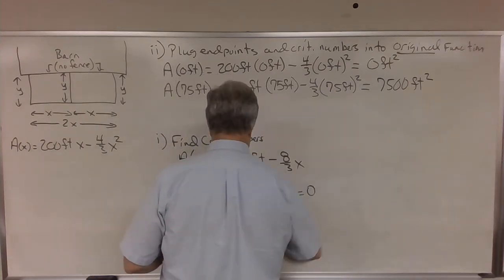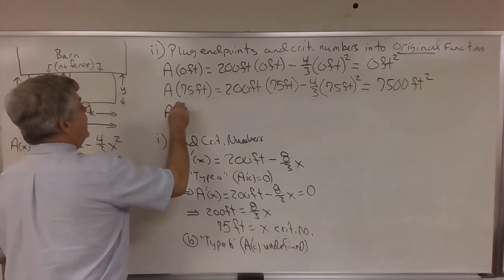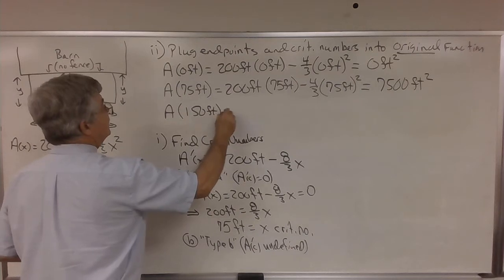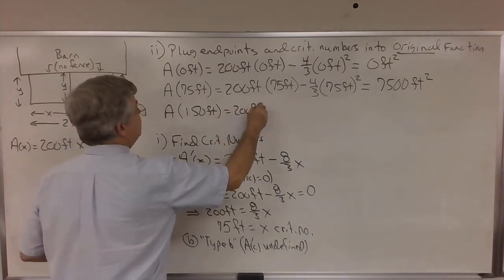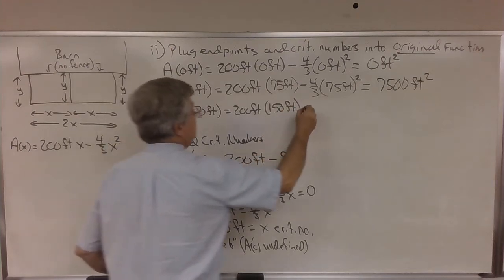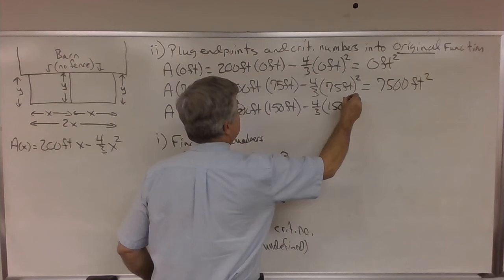And then the last one, got to plug in the right endpoint. A of 150 feet: 200 feet times 150 feet, minus 4/3 times 150 feet squared.